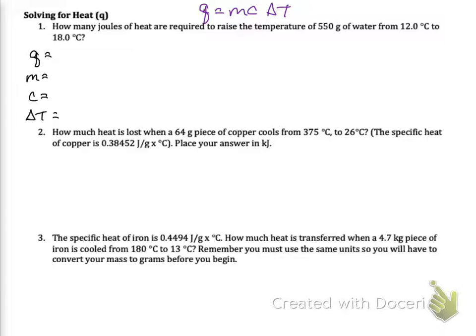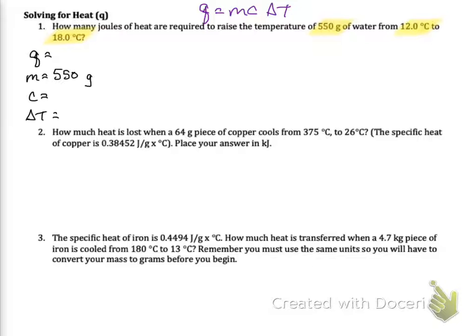How many joules of heat are required to raise the temperature of 550 grams of water from 12 degrees to 18 degrees Celsius? Well, 550 grams, the unit is grams, so that's telling us that's our mass.